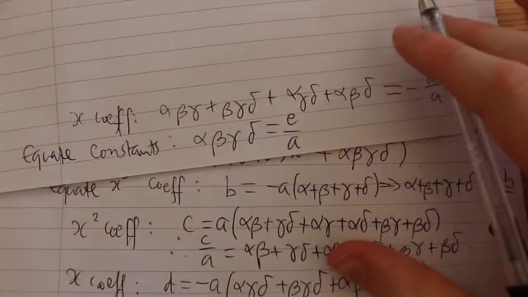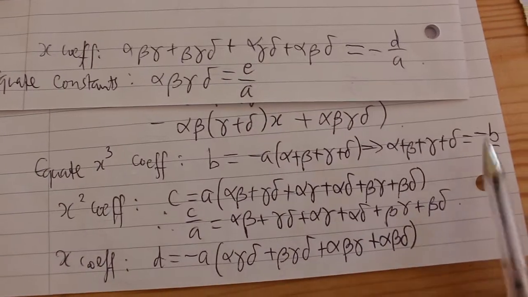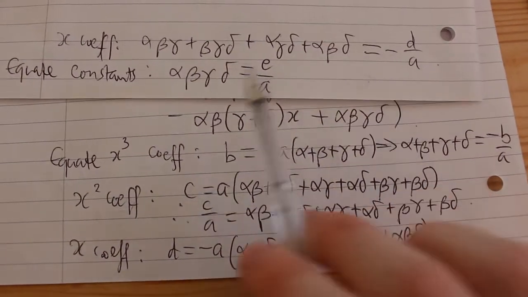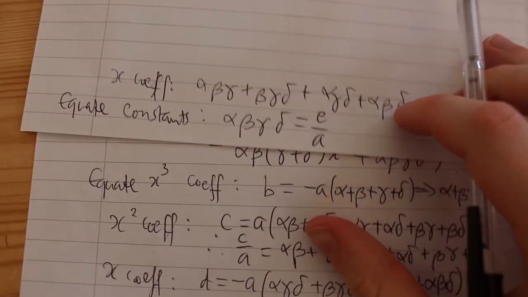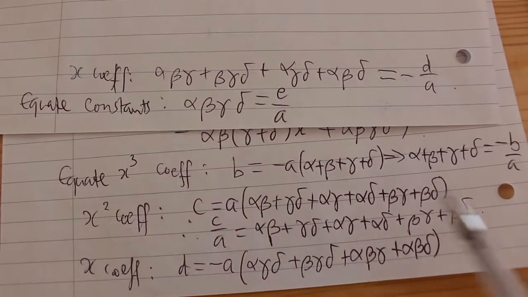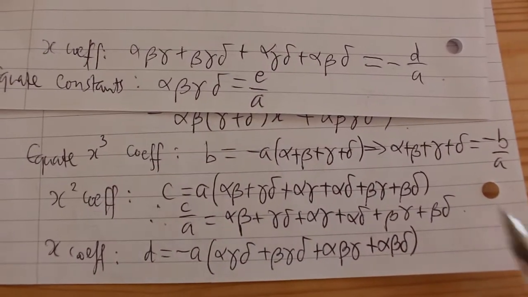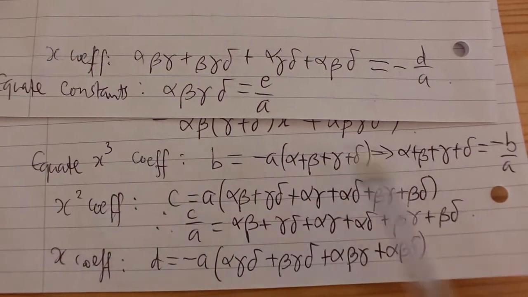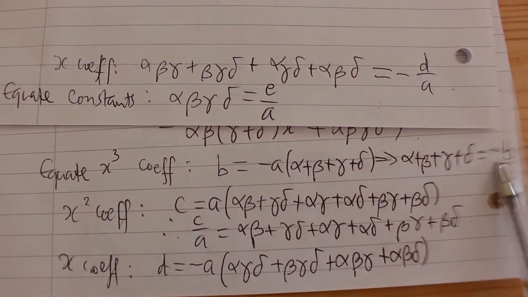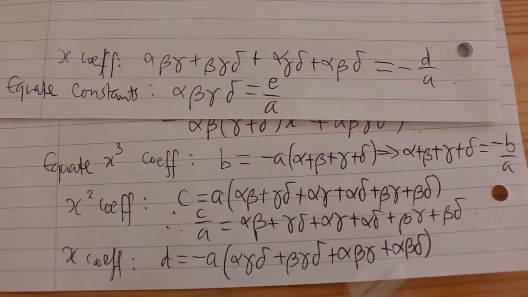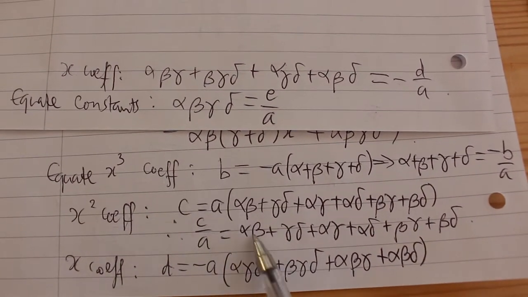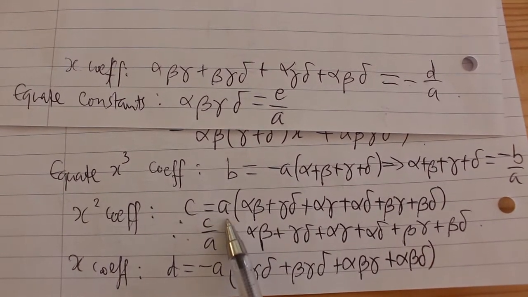Okay, so this time Vieta's formulas, we've got 1, 2, 3, 4 formulas. And these extend in the natural way to quartic equations and other polynomial equations. The pattern is minus b over a is the sum of the roots. The product of pairs of roots is c over a.